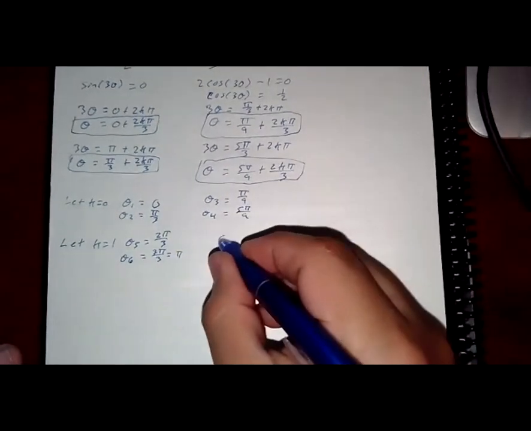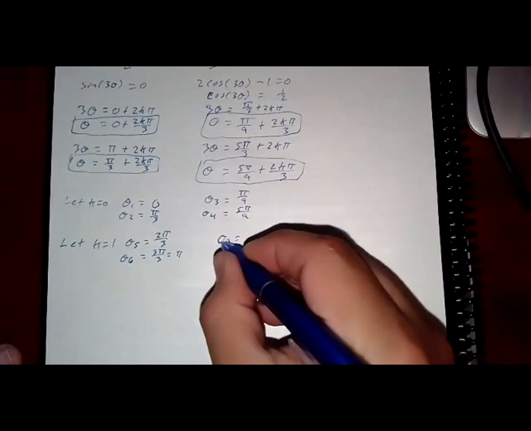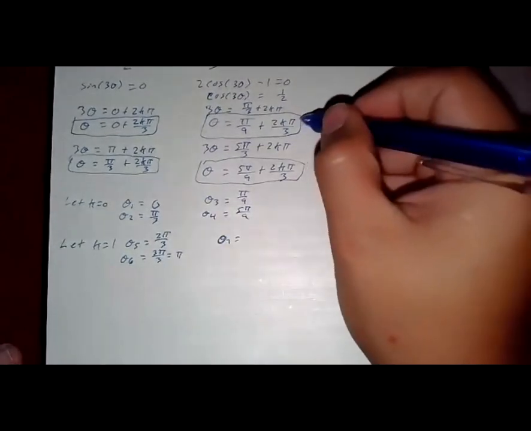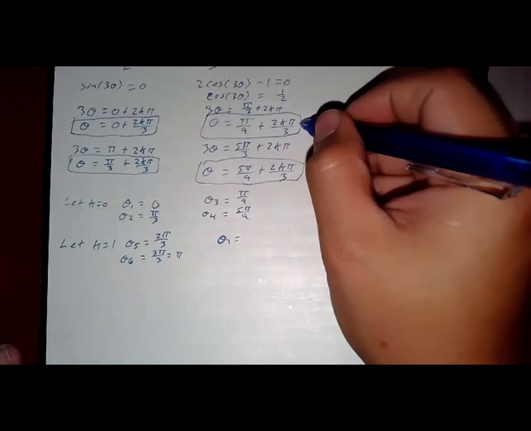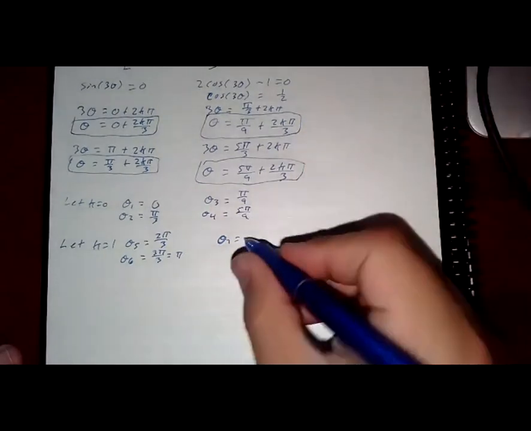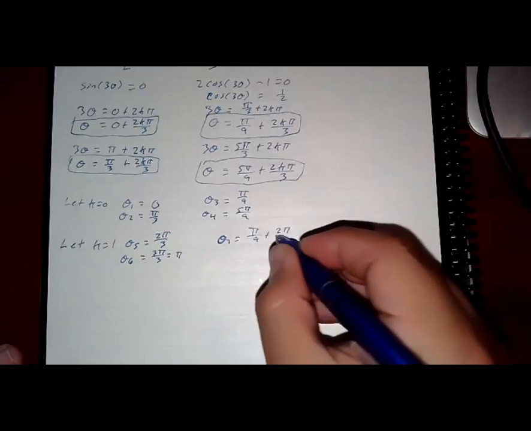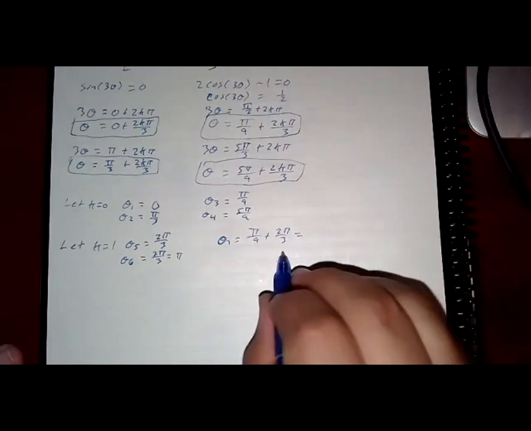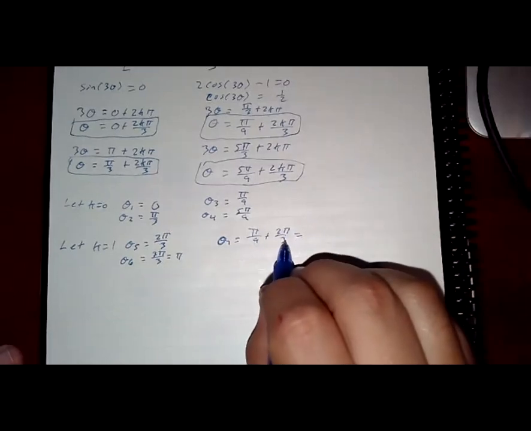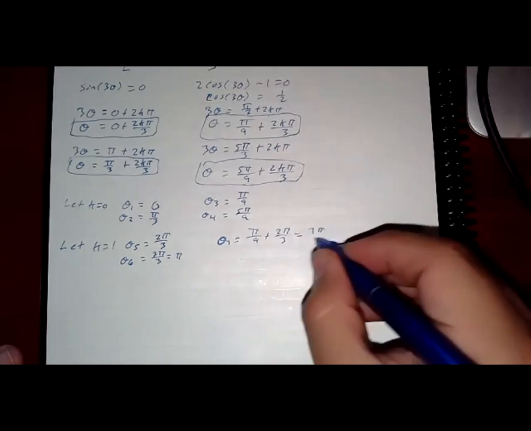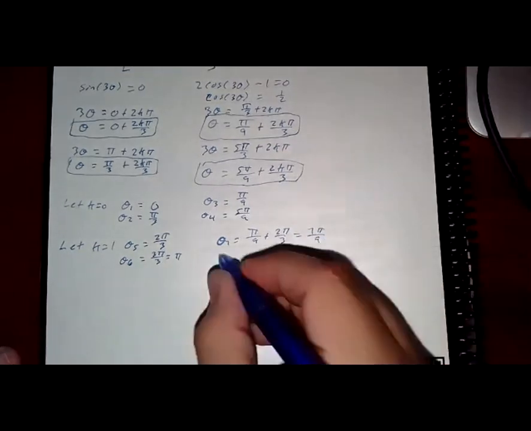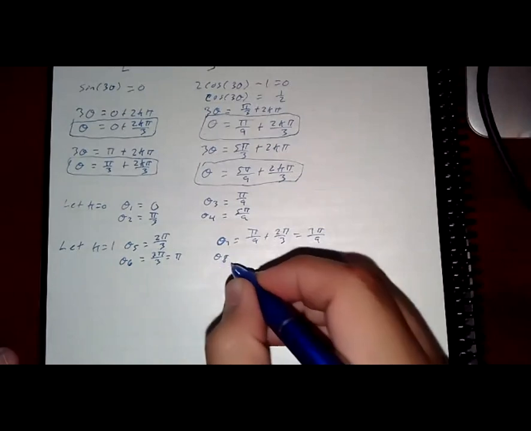Okay, theta 7. Putting 1 there, it would be pi ninths plus 2 pi thirds, which is 7 pi ninths. Theta 8.